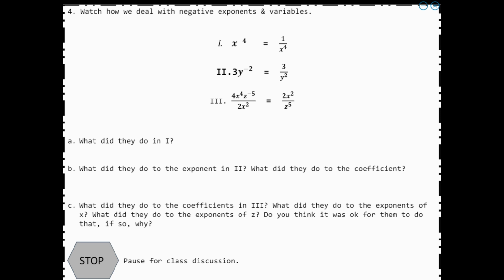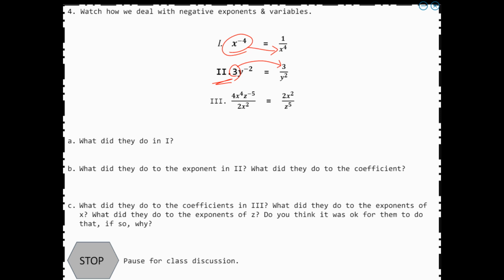So in this one right here, we kind of already touched on this a little bit. This negative exponent just means it's going to get flipped upside down with a positive exponent. I'm going to change the sign. So in this second one right here, why does the 3 end up on top?